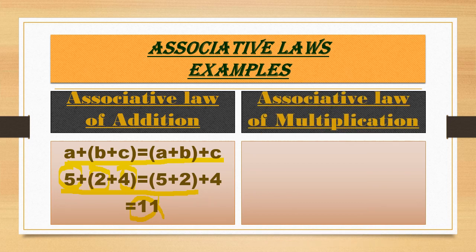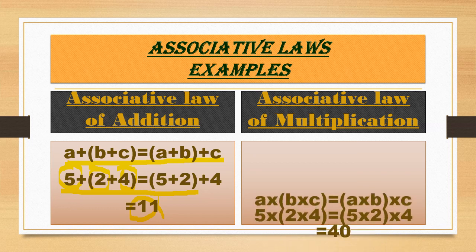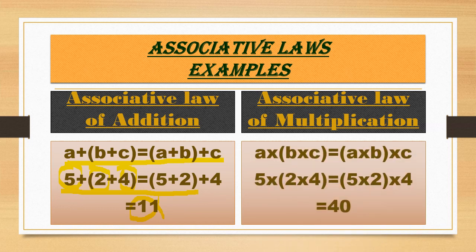Here is the example of the associative law of multiplication. Let's assume that A, B and C are three numbers. Then A multiplied by, in bracket, B multiplied by C is equal to, in bracket, A multiplied by B, then multiplied by C. Now let A be 5, B be 2, C be 4.